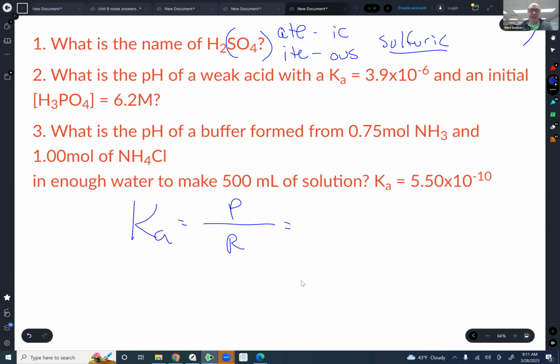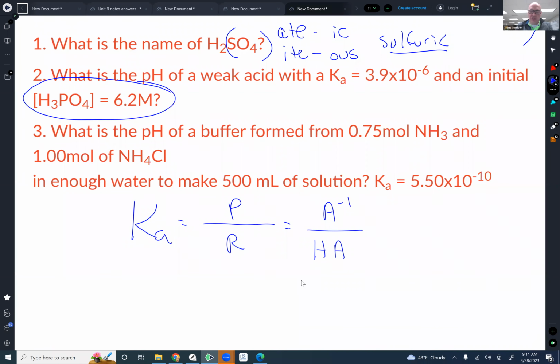The products in this case is going to be the material that does not have the H over the material that does have the H. So we have given to us the material with the H's included. We have the Ka value.